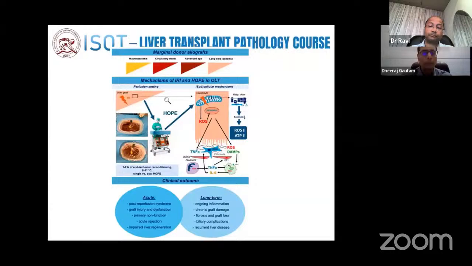So the clinical outcomes in acute cases are post-perfusion syndrome, graft injury and dysfunction, primary non-function, acute rejection, or impaired liver regeneration. Long-term sequelae are ongoing inflammation, chronic graft damage, fibrosis and graft loss, and biliary complications and recurrent liver diseases.